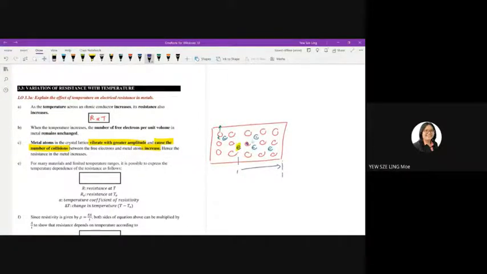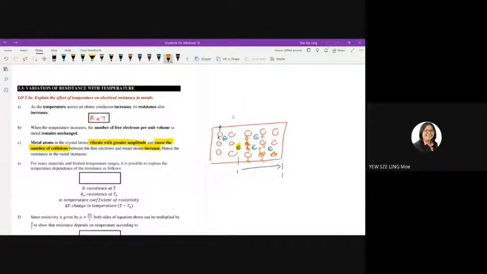Initially they vibrate at a small amplitude, so it can travel freely, colliding with just one atom before it reaches the right end. But if you increase the temperature, now all atoms are going to vibrate at a larger amplitude. So maybe it will collide with at least three of them before it reaches the right-hand side. So that is the meaning of the number of collisions increasing.